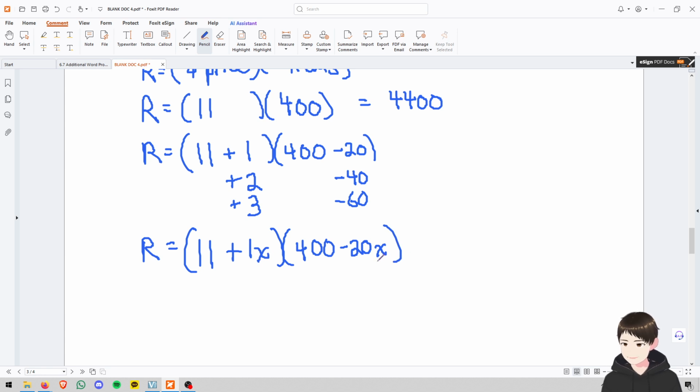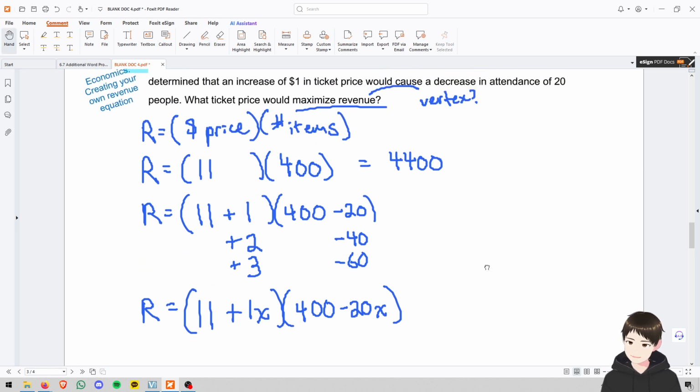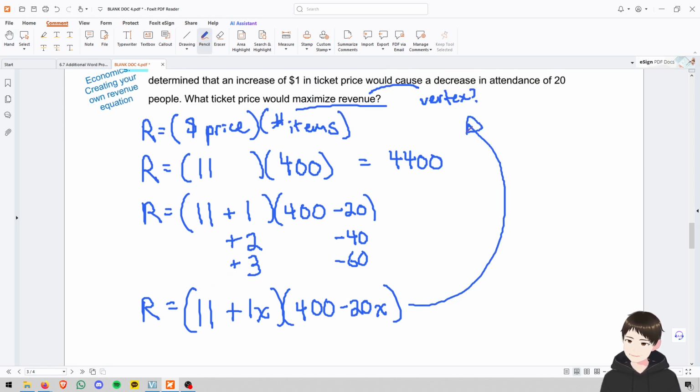So if x is 1, that's 20. If x is 2, that's 40. If x is 3, that's 60. I hope that makes sense. Here is your quadratic formula. Your goal is to find the vertex so that I can find the maximum R value or maximum Y value.